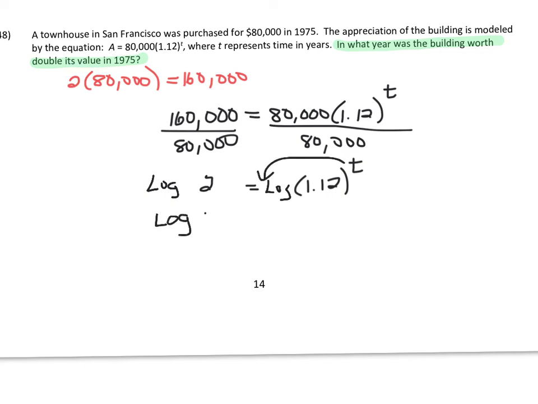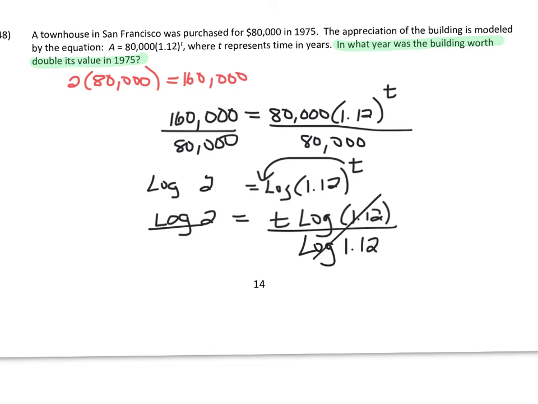So we have log of 2 equals t times log of 1.12. And then to get this t by itself, let's divide both sides by log of 1.12. We're trying to get that t all by itself, get those to cancel.